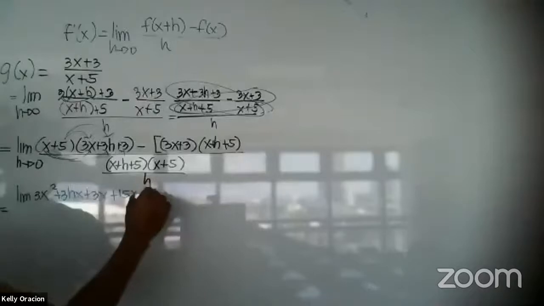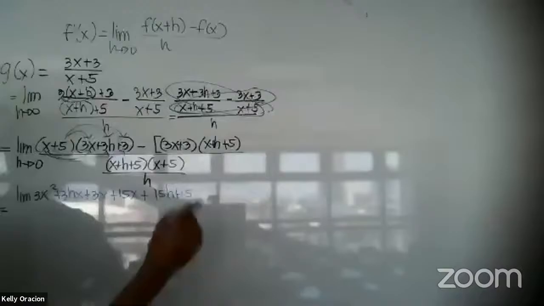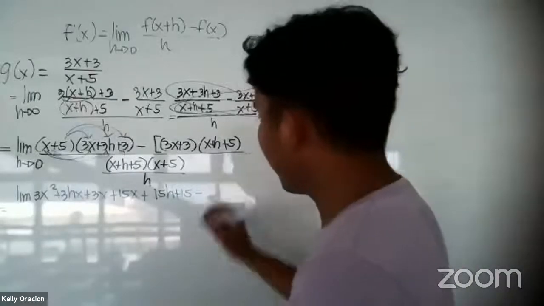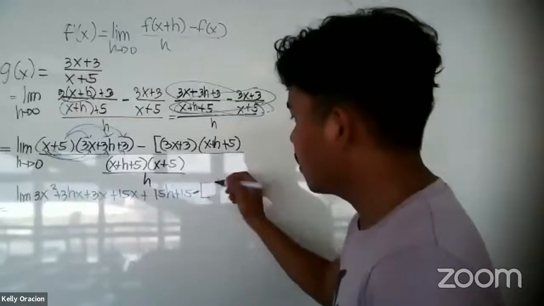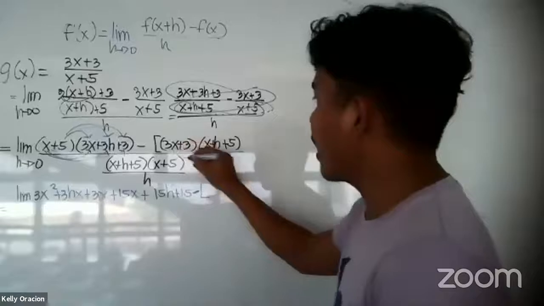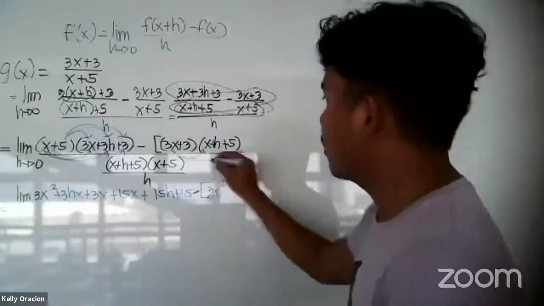So next, you are going to multiply. So the limit of you have 3x squared plus 3hx plus 3x plus 15x plus 15h plus 15. And then minus bracket, minus bracket 3x times x, that's 3x squared.